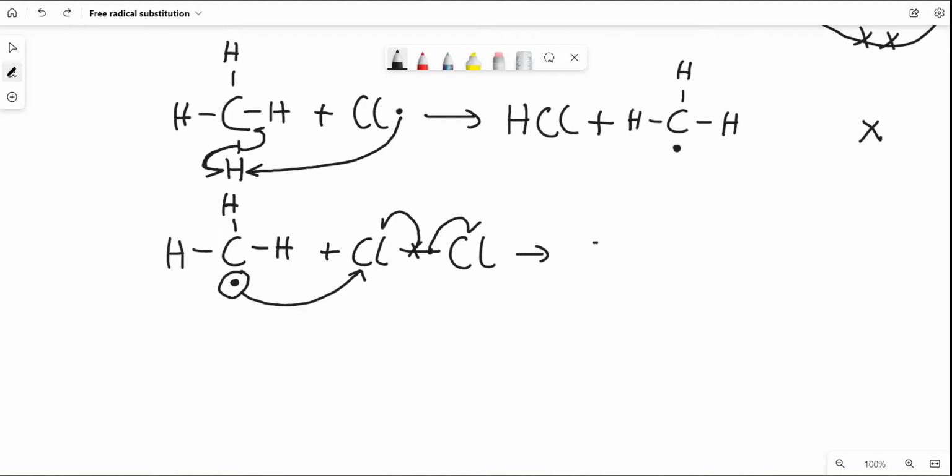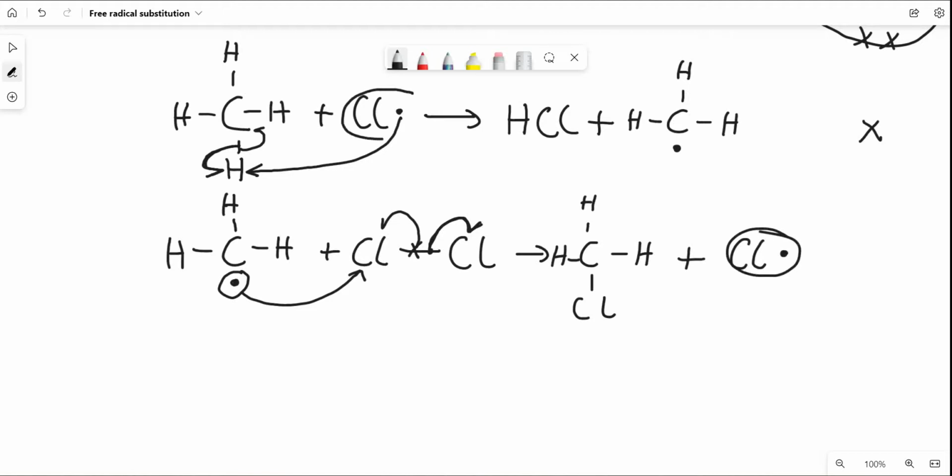So we have C, and then we have H here, and we have H here, and then there's a Cl here. And then remember, this Cl has one electron very far from its nucleus because it gained an electron from this breaking of the bond. So it's also a radical now. And this radical is the same as this one here.